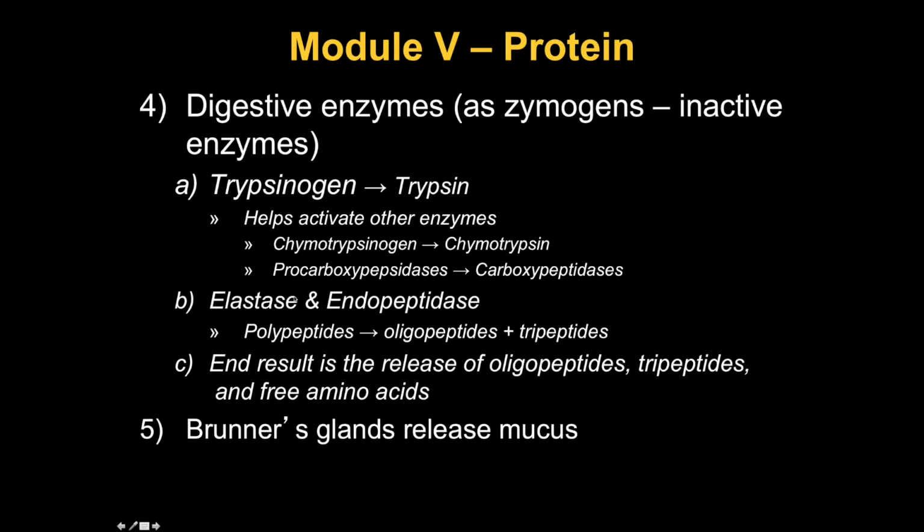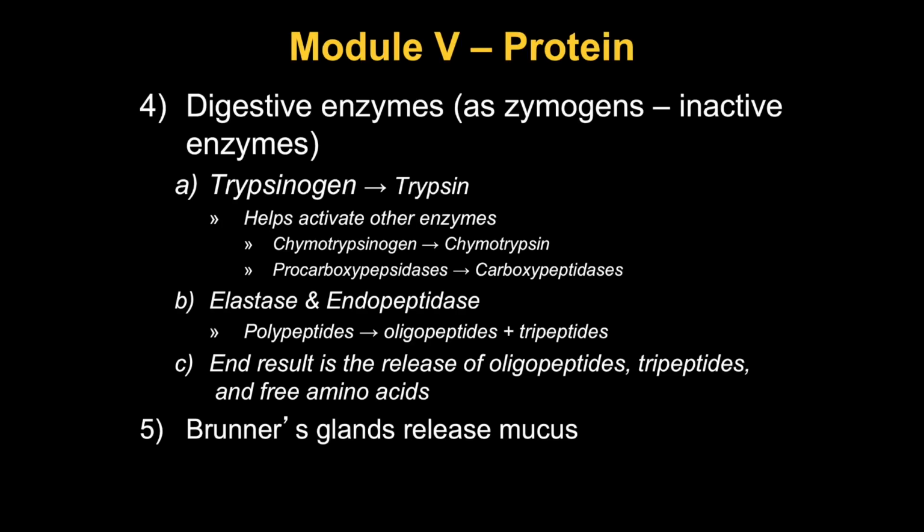Now, as far as enzymes are concerned, it's quite a complex process. And what you need to understand is that we're releasing inactive enzymes at the onset of digestion of protein. And what we call these inactive enzymes are zymogens. Okay, so trypsinogen here is a zymogen that is used to activate trypsin, which then is going to activate other enzymes, chymotrypsinogen, which then activates chymotrypsin.